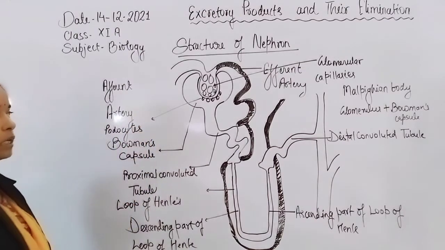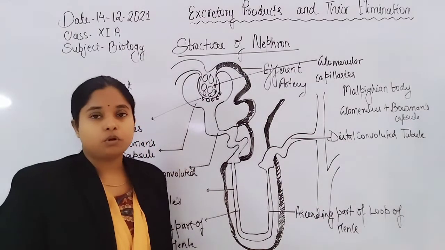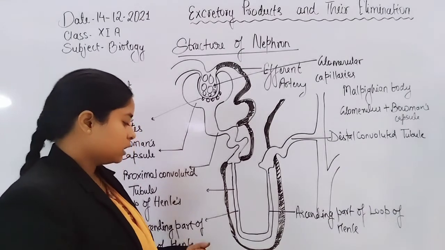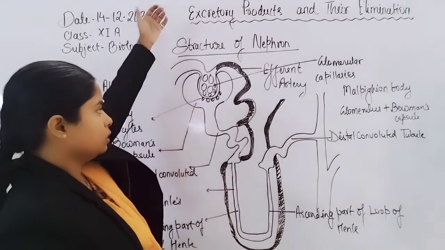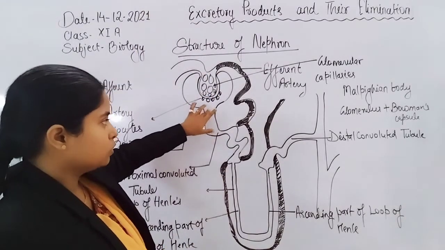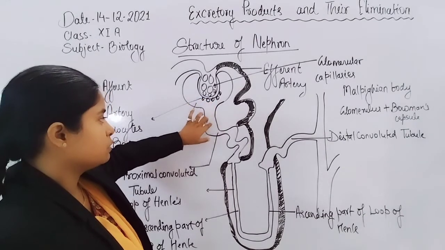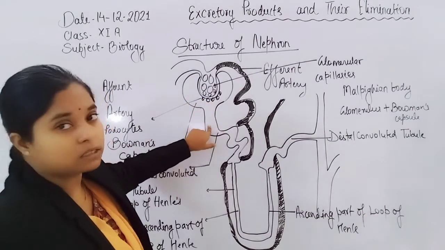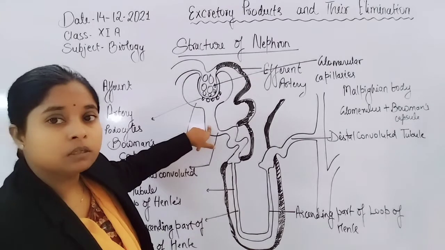Through these podocytes, all the content of plasma enters the Bowman's capsule, and then passes into the PCT, the proximal convoluted tubule.